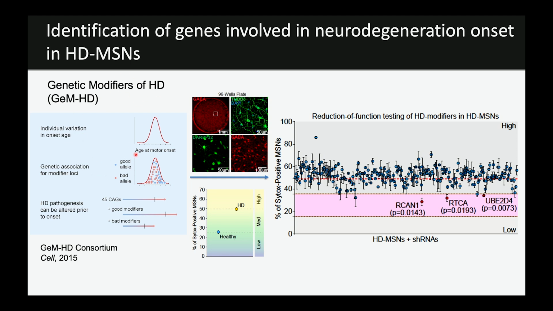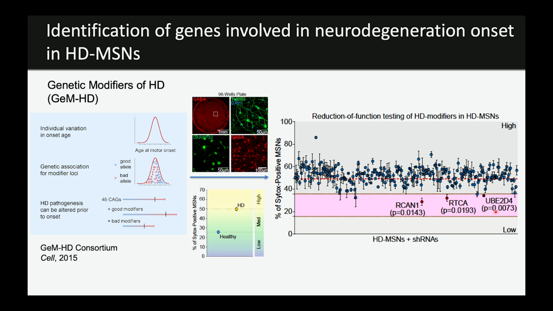We took the GWAS hits from the GeM-HD study, the genetic modifiers of Huntington's disease study. Then we tried to see which genes promote the decline of neuronal health in the disease context. We identified 3 genes out of it, and one of them happens to be RCAN1. So RCAN1, RTCA, and UBE2B4.